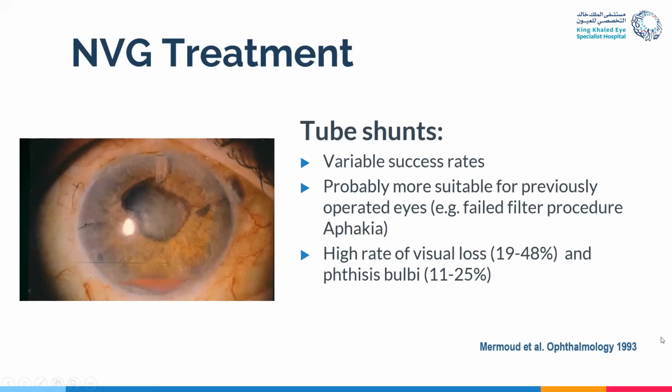This is 1993, before the era of anti-VEGF. So nowadays the outcome is much better. But again, I still prefer filtration surgery if the conjunctiva is suitable, over tube surgery, to avoid extra complications that belong to tube surgery.